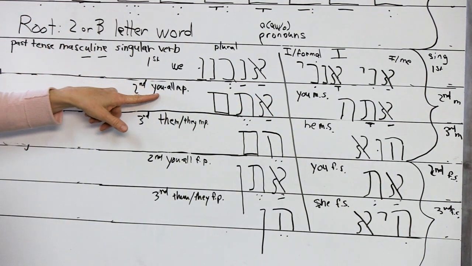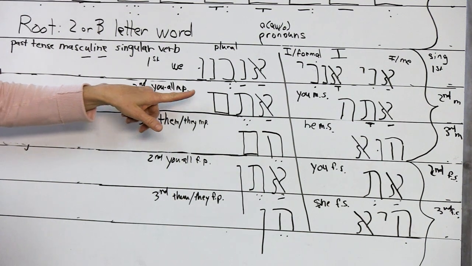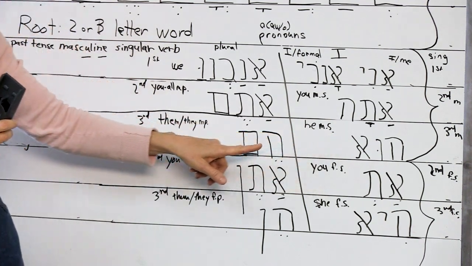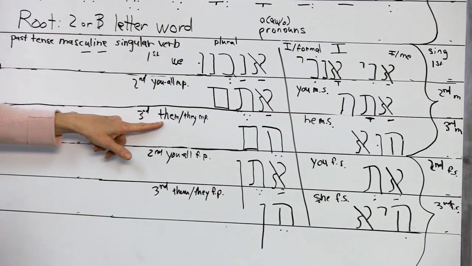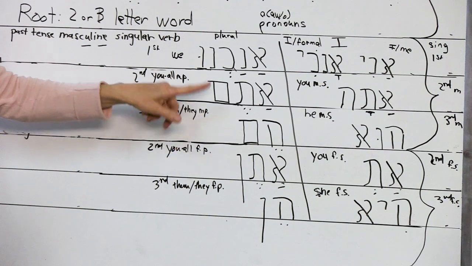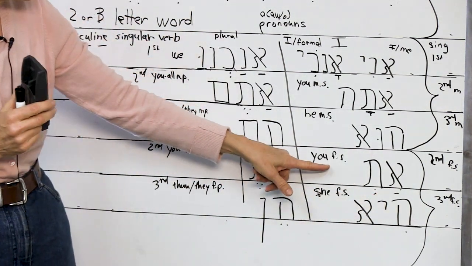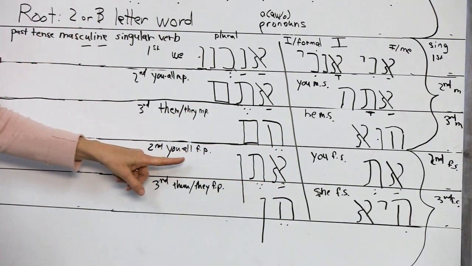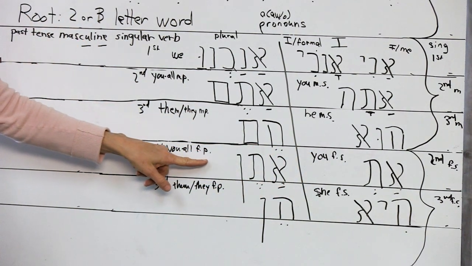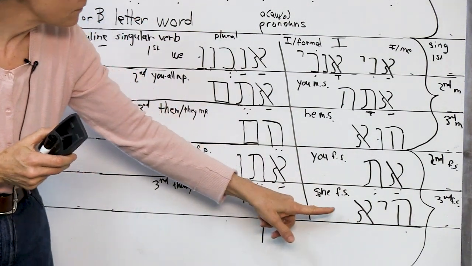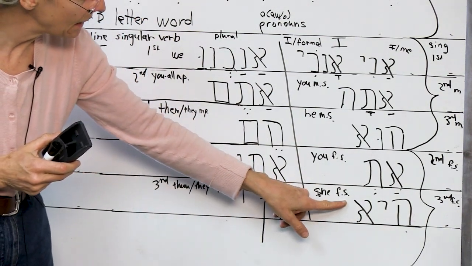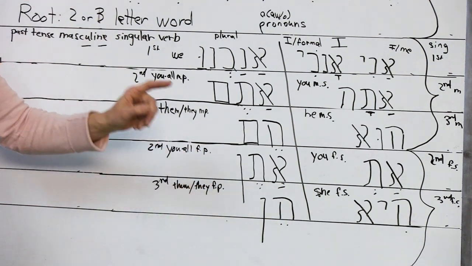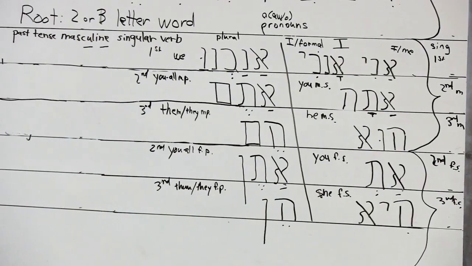Atem, you all, masculine, plural. Hu, he, masculine, singular. Hem, them, masculine, plural. At, you, feminine, singular. Aten, you all, feminine, plural. Hi, she, feminine, singular. Hen, them, feminine, plural. Okay, very good. So we're done.